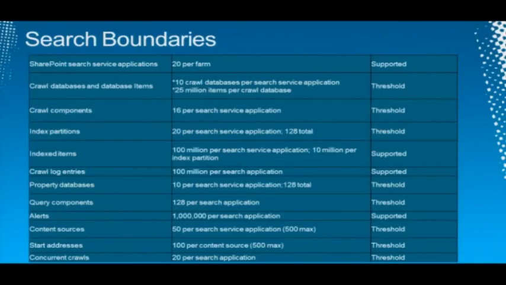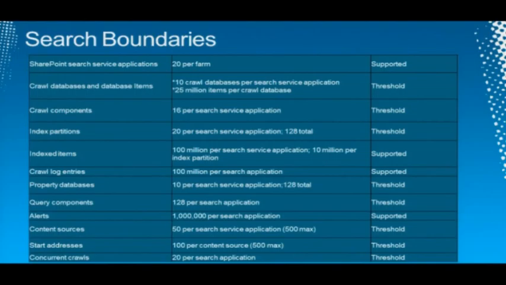Each search service application can have 10 crawl databases. So when we were looking at those components, those crawl databases storing that information, we can only have 10 per search service. And each crawl database can have 25 million items.